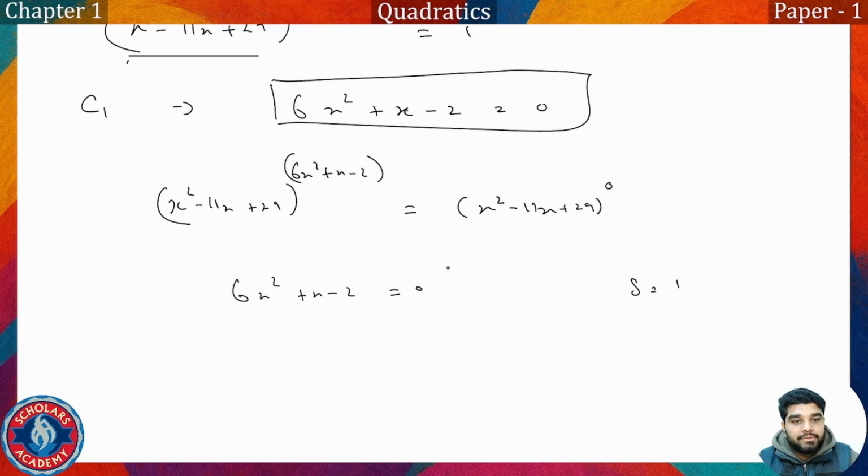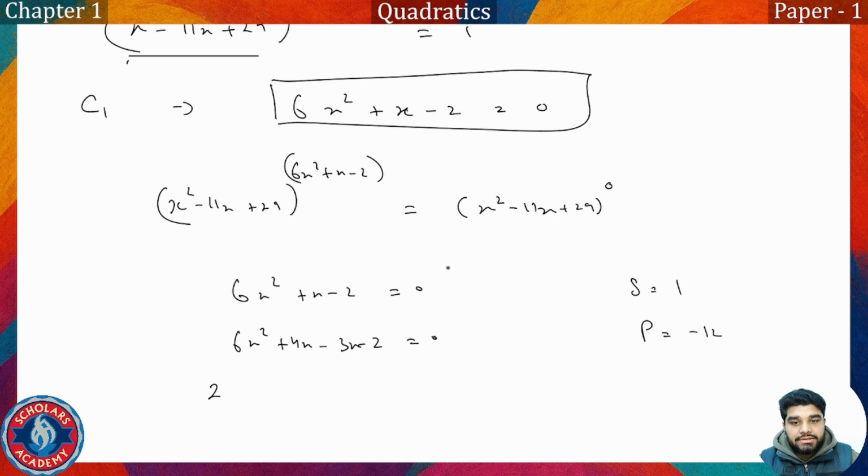So sum is 1, product is negative 12. The best suitable numbers are 4 and negative 3. 6x square plus 4x minus 3x minus 2 is equal to 0.